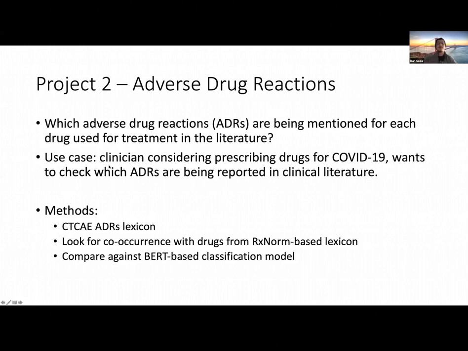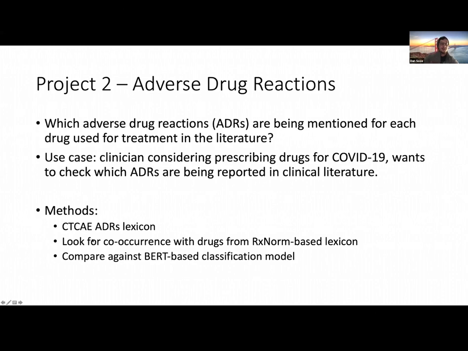This would be important for, again, updating that kind of database, or for a clinician or a pharmacologist, or a pharmacist, excuse me, who is prescribing drugs for COVID-19, and just checking that no unacceptable adverse drug reactions might occur based on what's been reported already in the literature.